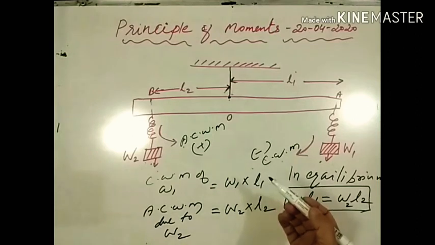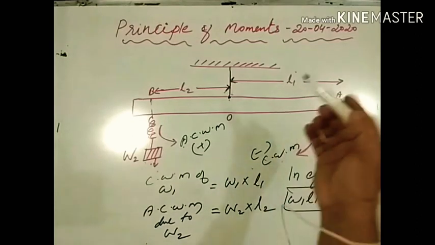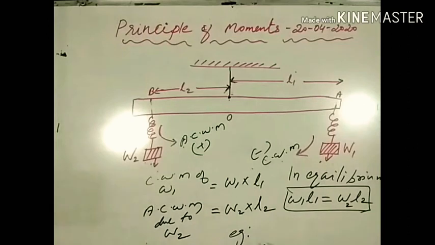An example of an instrument which works on the principle of moments is a physical balance, or we call it beam balance. Remember that physical balance or beam balance works on the principle of moments. According to the principle of moments, sum of the clockwise moments will be equal to sum of the anti-clockwise moments. All right, is that clear?